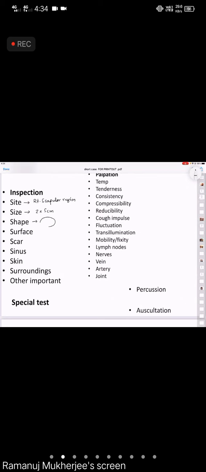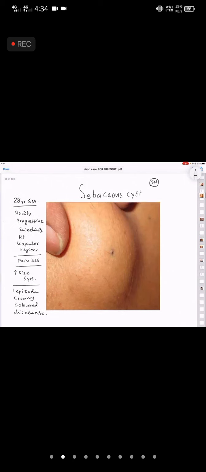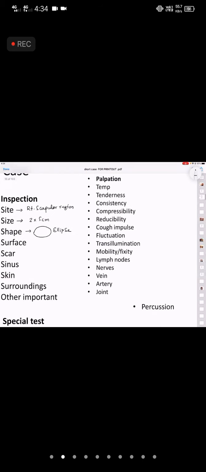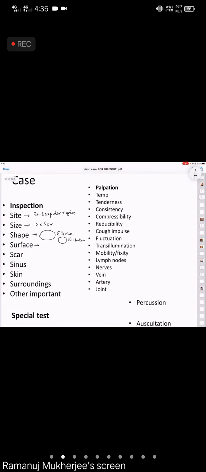Shape will not be globular, it will be an ellipse. If you feel that no, sir, these are the same dimensions in x and y, you can say this will become a globular shape. The surface of the swelling is smooth, scars no, sinuses no.